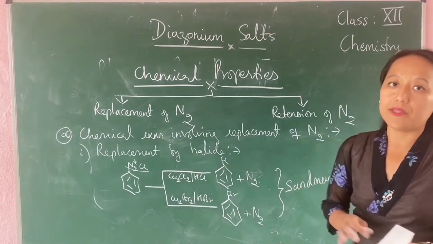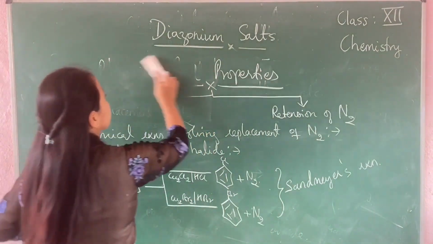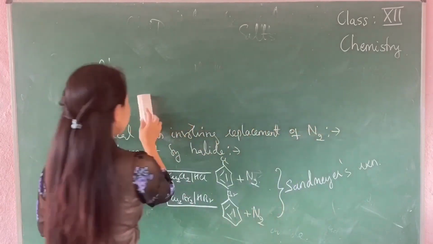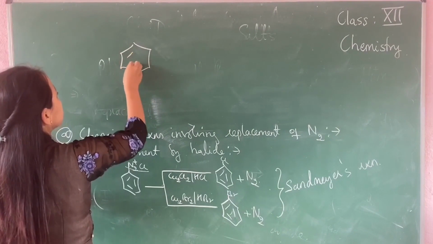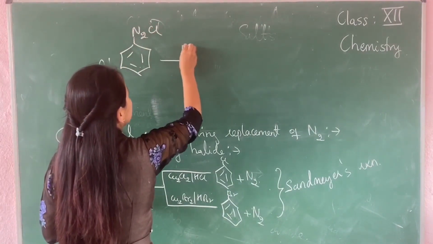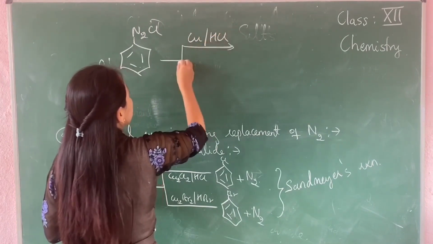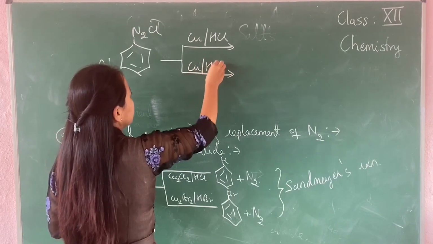The same thing can be done but in a different way. That reaction is called Gattermann reaction. For example, this N2Cl can be halogenated by treating it with copper powder in the presence of HCl and by treating it with copper powder in the presence of HBr.